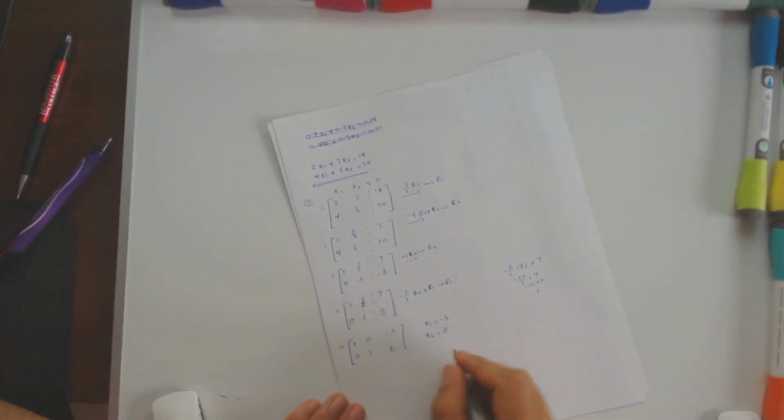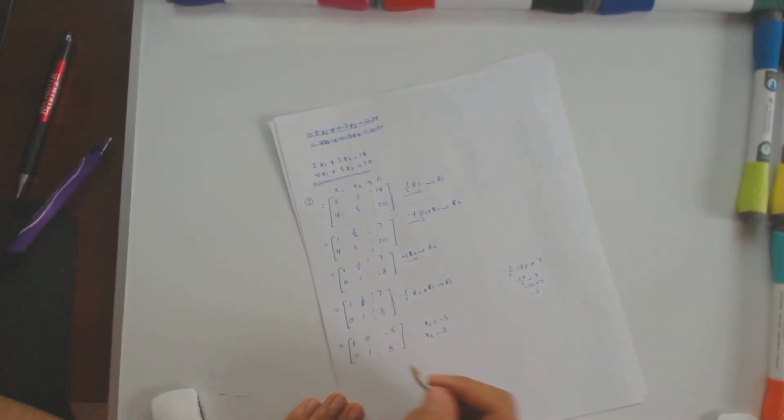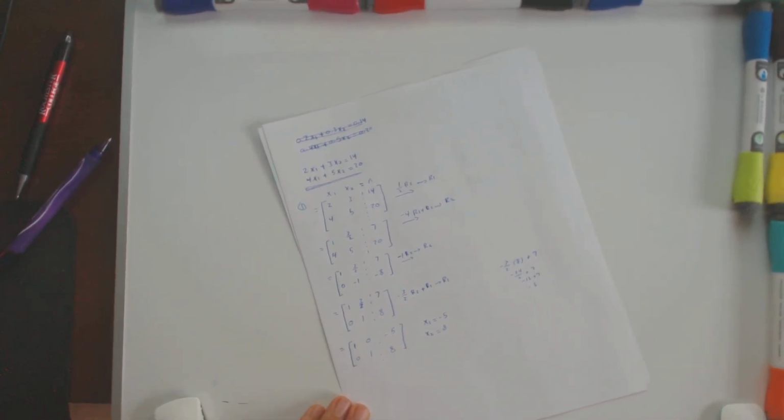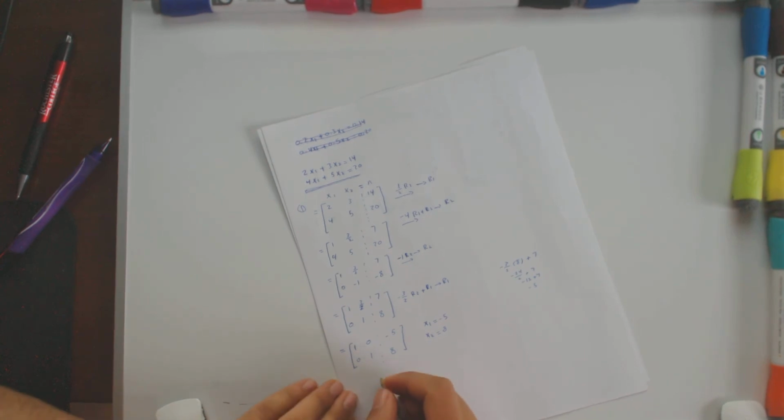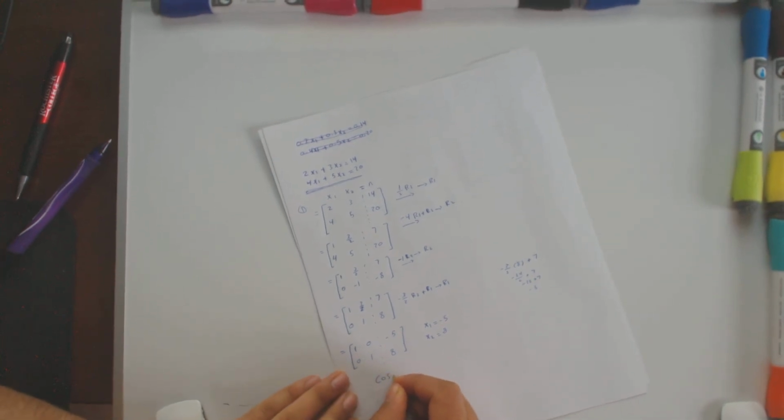And because we have all leading ones, it will be consistent. Because we have the 1 0 0 1, it will be consistent.